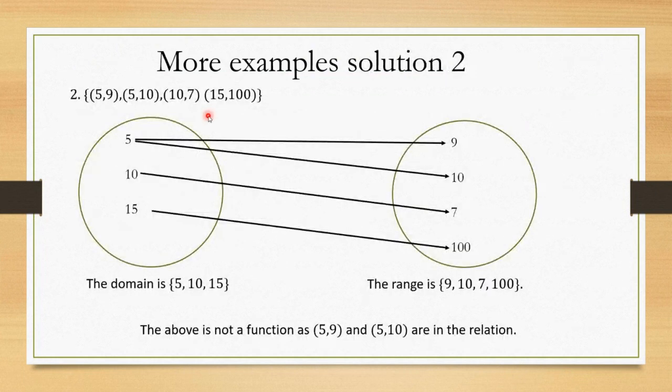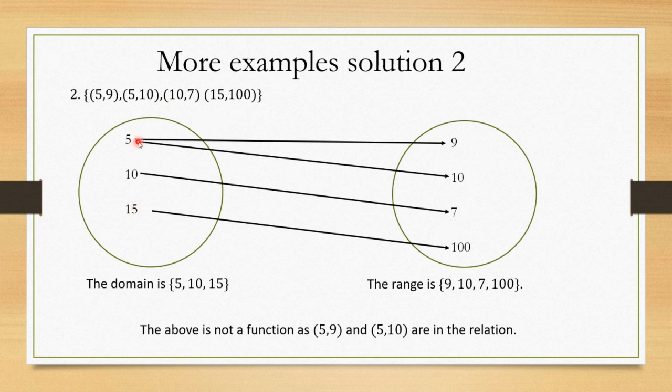In relations, there are assignments like this. Like 5 is assigned to 9. It's also assigned to 10. You can see that 10, 7 is an ordered pair in here, so 10 is assigned to 7. 15, 100 is in here, so 15 is assigned to 100, but it's not a function.